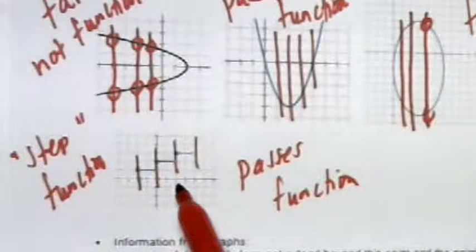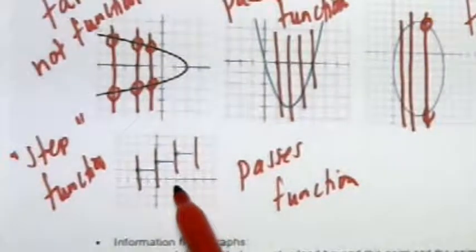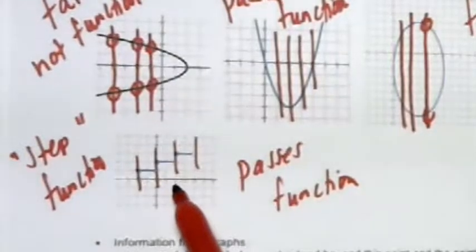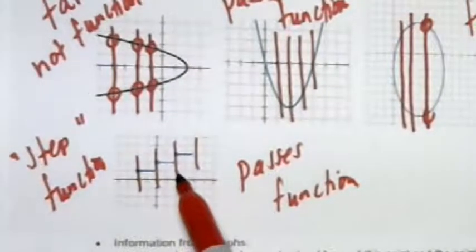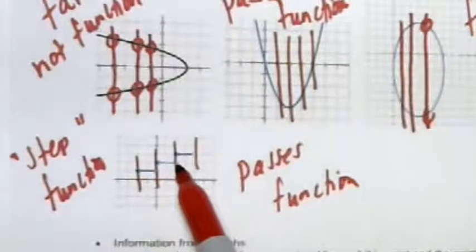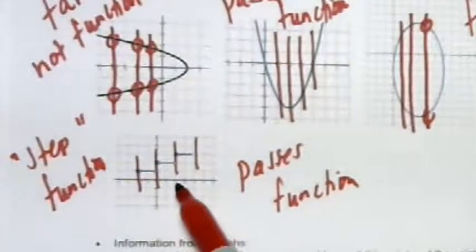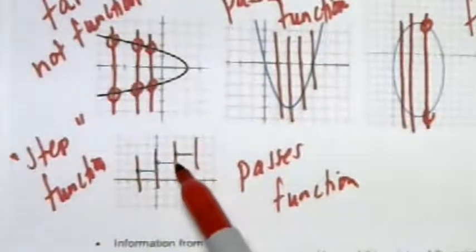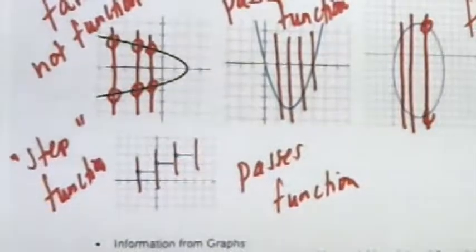We have the same situation here when x is 2. It looks like 2 potential y values, but on closer inspection, we see that the y for x is 2 is only 3, and this value of y is 2 is not included because it is an open circle.